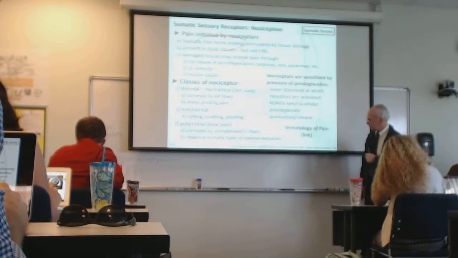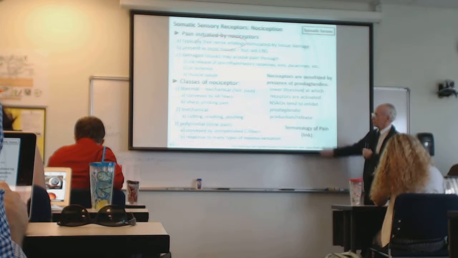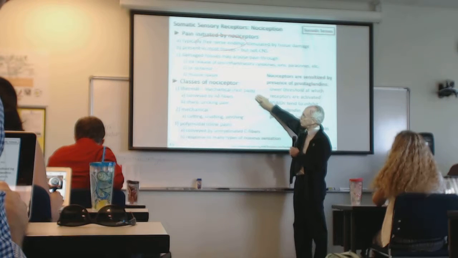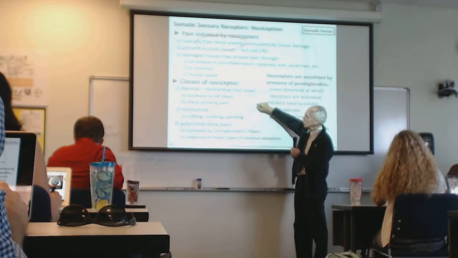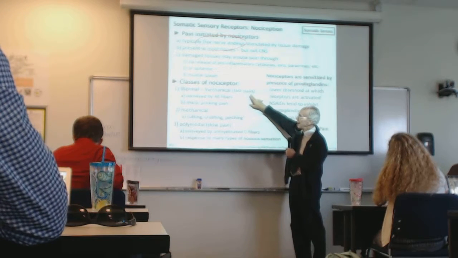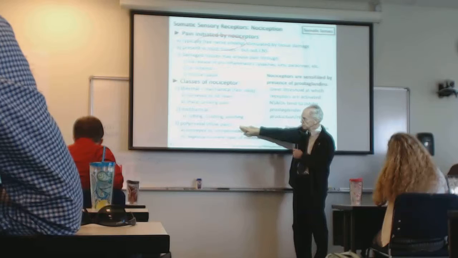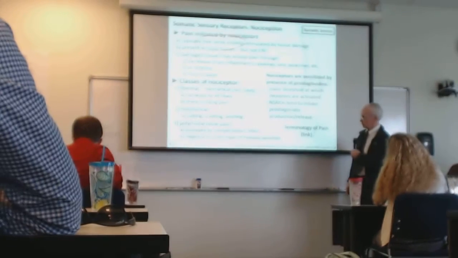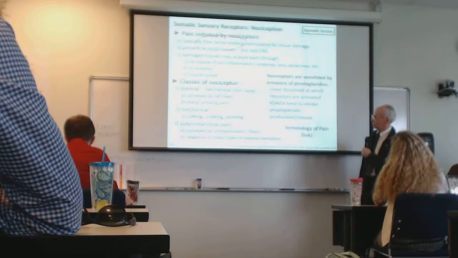Nociceptors have been classified in a variety of ways. In my lifetime, I bet they've reclassified nociceptors in at least 5 different ways. So we're just going to do this very conservatively. We'll talk about thermomechanical pain, which is often considered fast pain, and then slow pain, which is sometimes called polymodal and can be caused by a variety of stimuli.